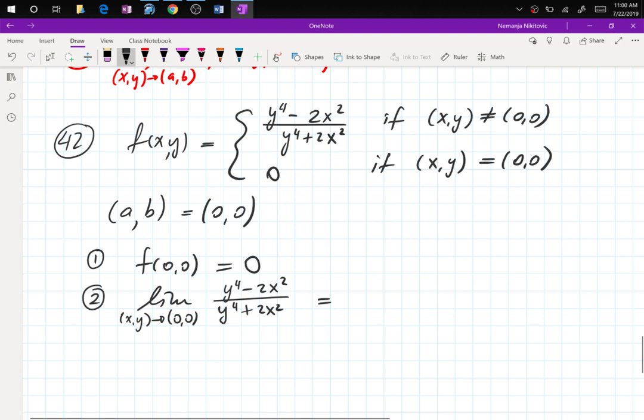The only thing that we could try to do here: can we multiply this by y to the fourth minus 2x squared, to create a perfect square on the bottom? Nah, that will not help either.